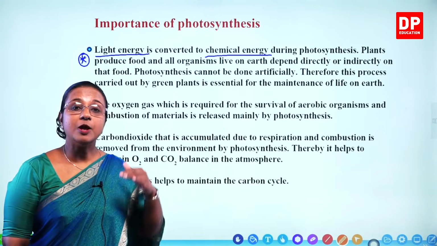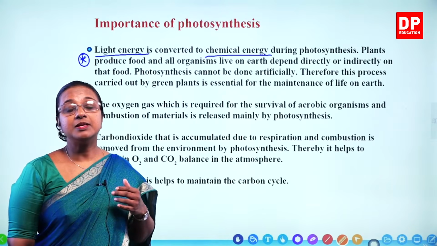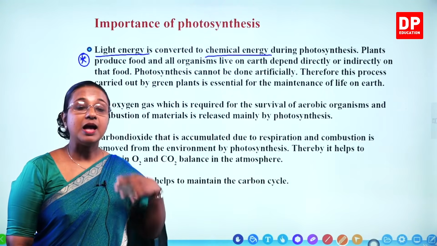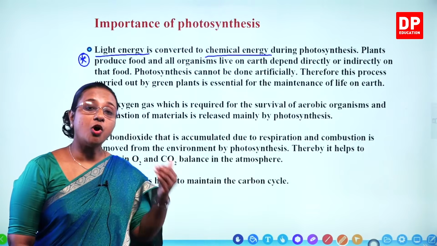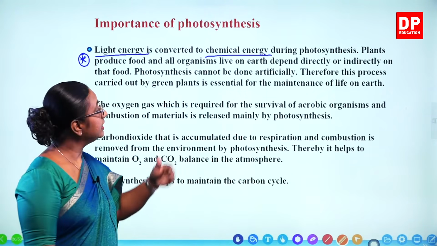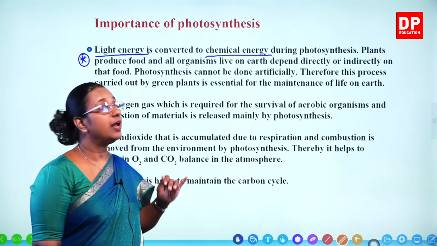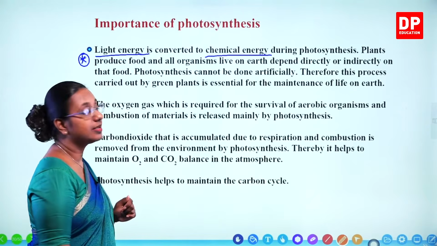So they depend on the plants for food. If they are carnivorous animals, then they consume other animals which have already consumed plants. So either directly or indirectly, they depend on these plants for food.